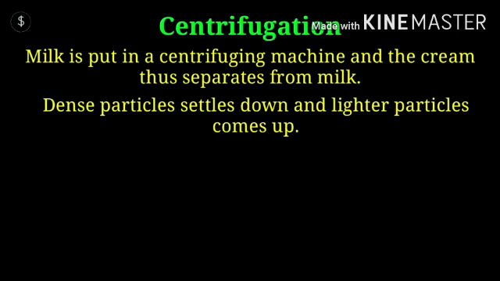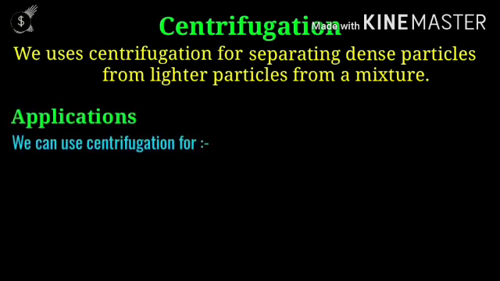And what happens is the dense particles of the milk settle down and the lighter particles come up. In this way, when this centrifuging machine moves, it churns and separates the dense particles from the light particles, and we get the cream or butter from the milk.